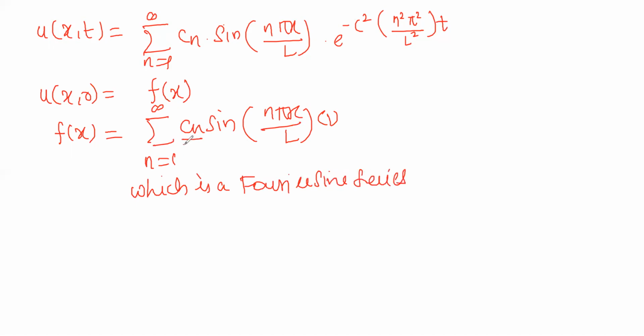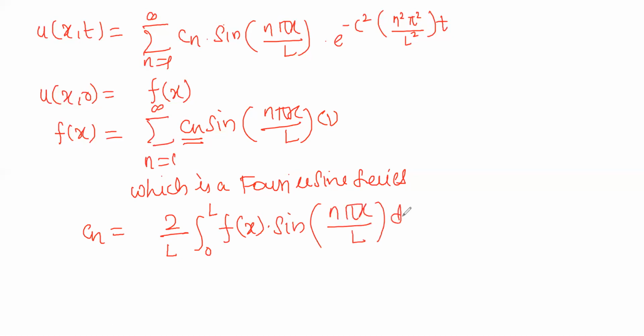And this Cn is nothing but the Fourier coefficient, which is given by Cn equal to 2 upon L integral 0 to L of f of x into sine n pi x upon L dx. So you found the solution of the heat equation, and Cn is given by this quantity.